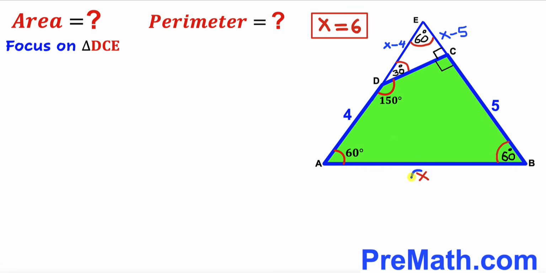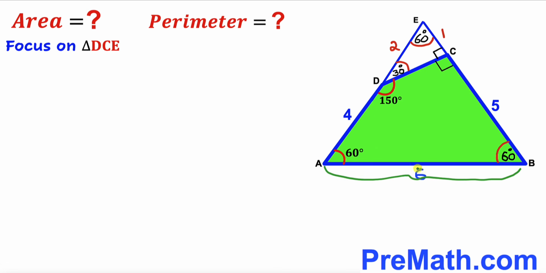So our x value turns out to be 6. Likewise, x minus 4 is 6 minus 4, which gives us 2, and x minus 5 gives us simply 1. So this side AB length turns out to be 6. This segment DE length is 2, and this segment CE length is 1.